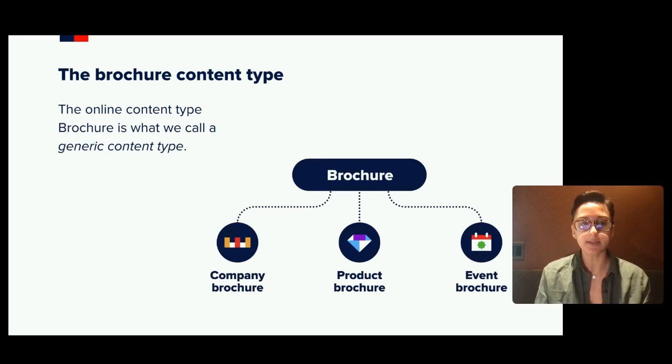And there are a few different use cases that fall into that container. Company brochures, maybe a product brochure, maybe an event brochure. These 3 use cases are going to serve slightly different purposes, right? But we're all still talking about a brochure at the root. So that is the generic content type we're identifying right now.